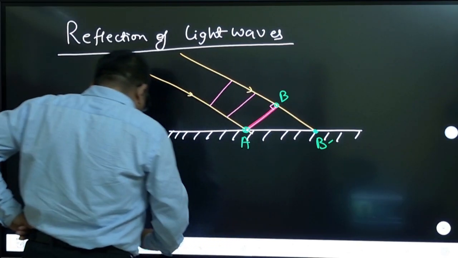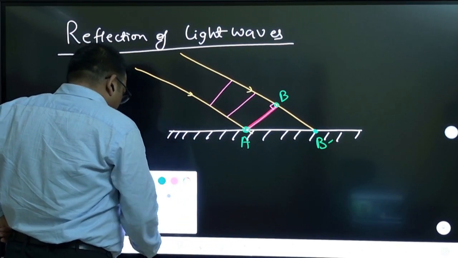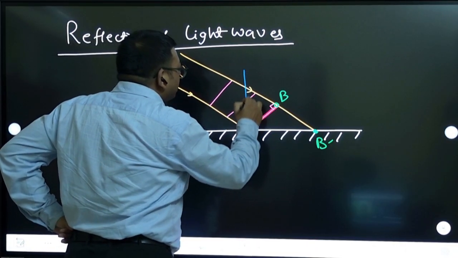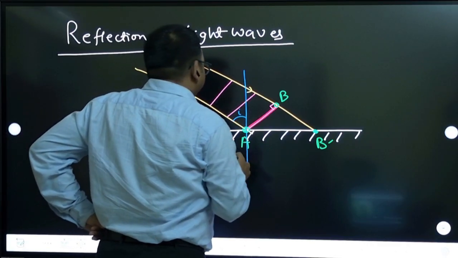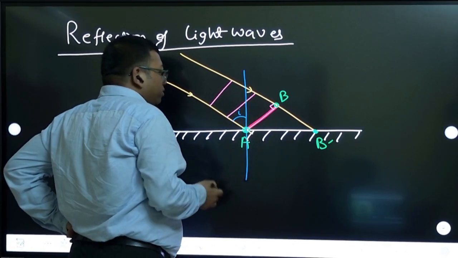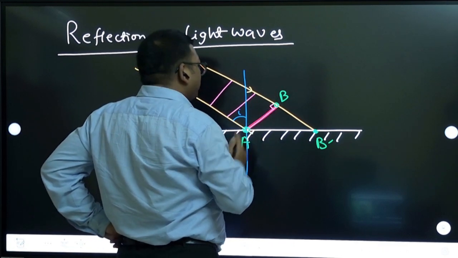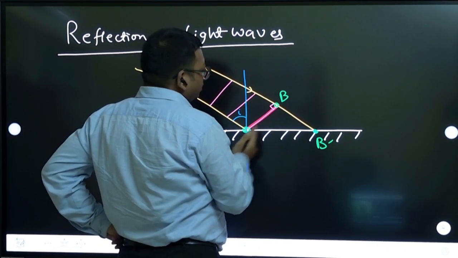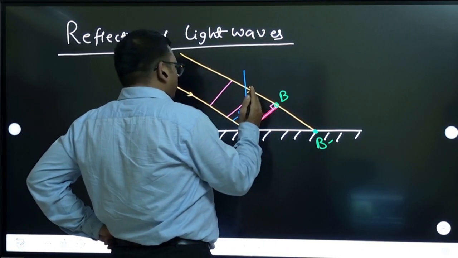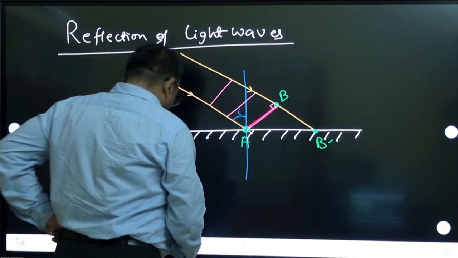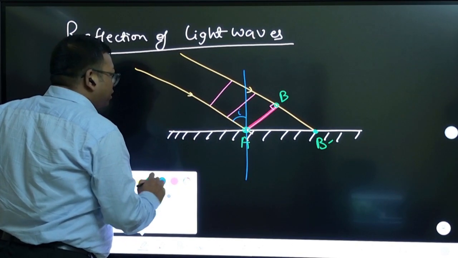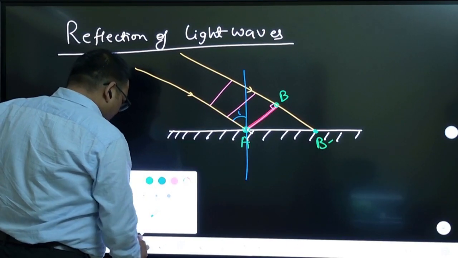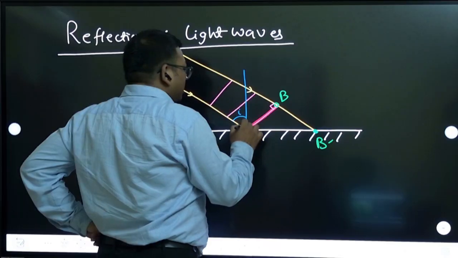But let us show the angles here. What are the angles here? I will draw a normal here. This is the angle of incidence, and the angle of reflection we don't know, but definitely the ray will go in some direction. Let us first draw the ray diagram, then we can think of drawing the exact diagram.